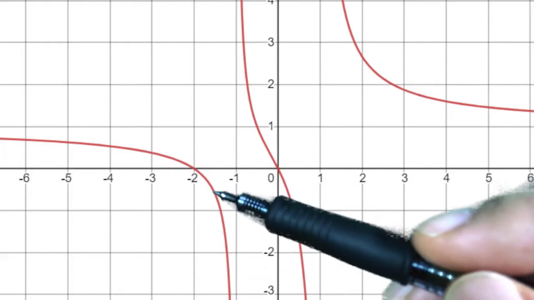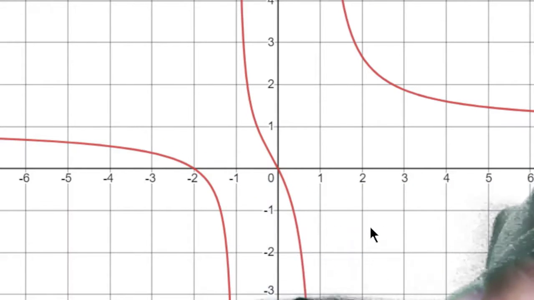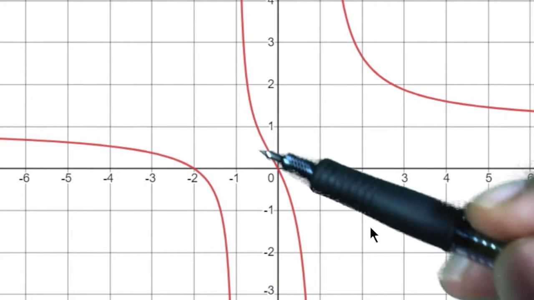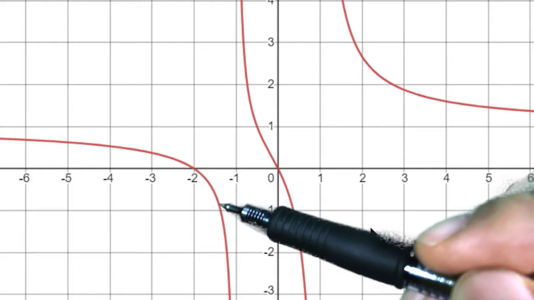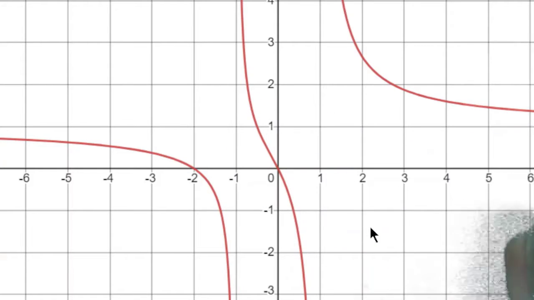It does not have that property that I can draw its graph without lifting my pen from the paper. I have to lift my pen off and put it back down, which means it's allowed to jump over the x-axis. So we just need to take this into consideration when we deal with rational inequalities.